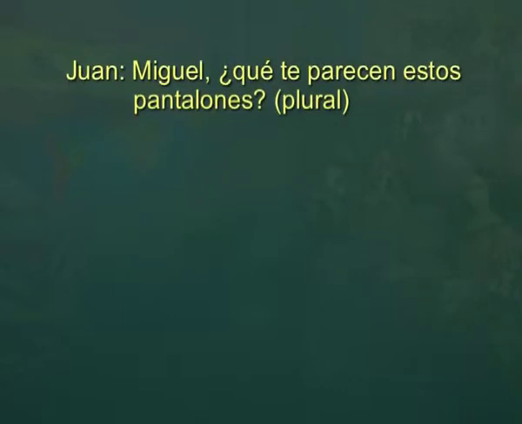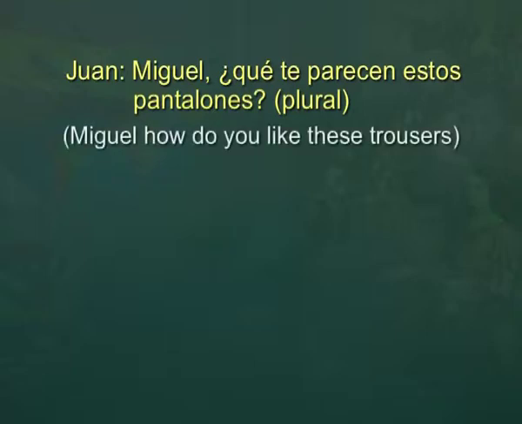Let us look at another conversation, again in a clothes shop. This time Juan wants to buy some pants. He says, Miguel, ¿qué te parecen estos pantalones? So we use parecen because of pantalones. So he's asking Miguel, how do you like or what do you think of these pants?